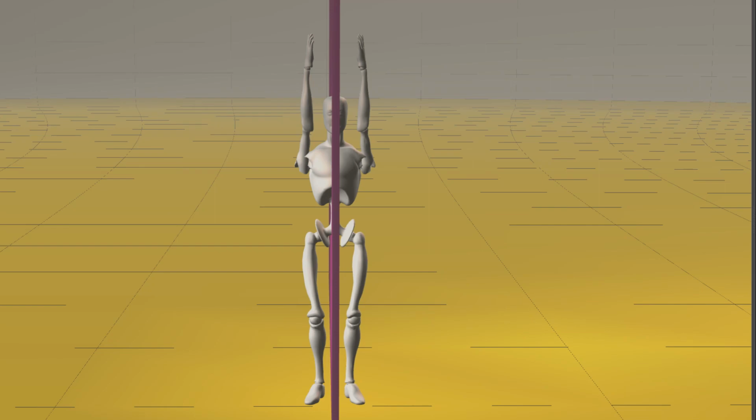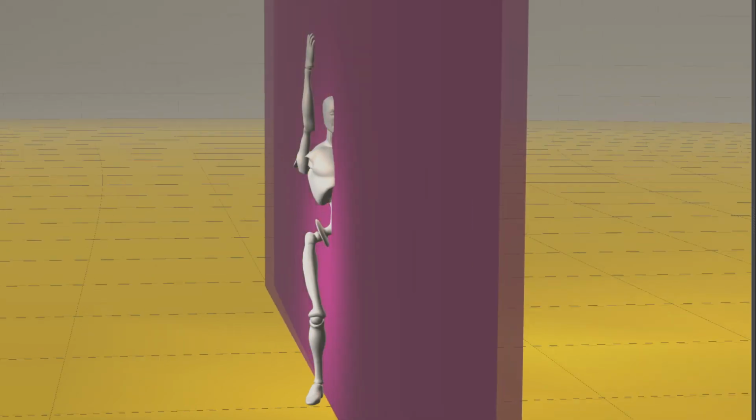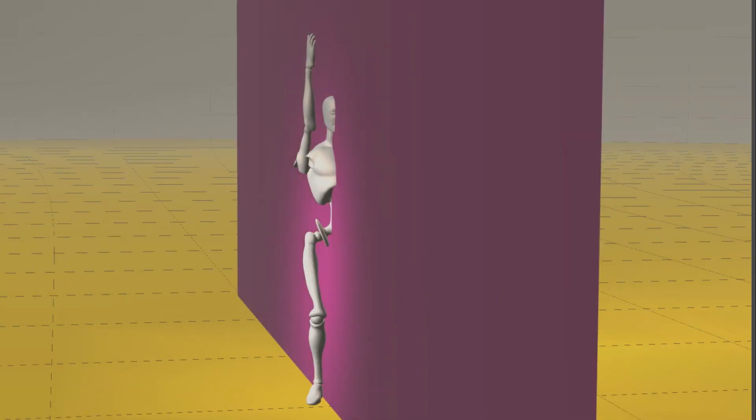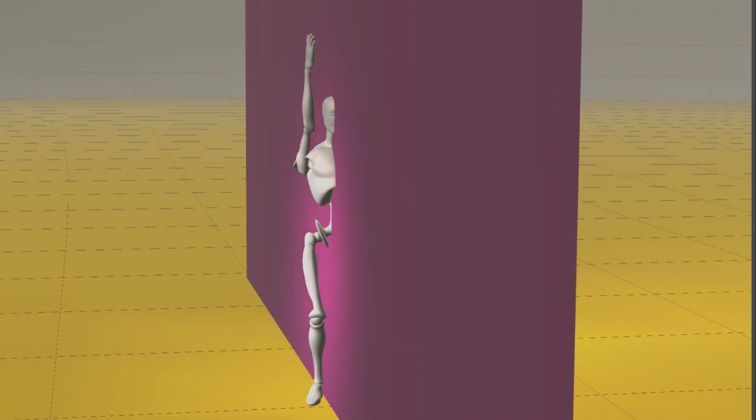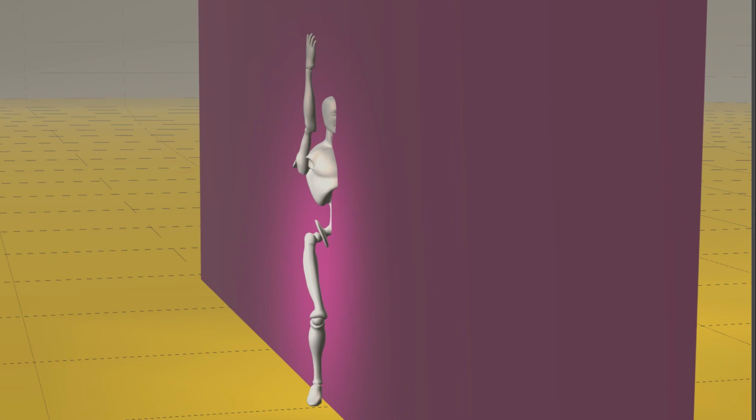So any motion that occurs along this plane is going to be a sagittal plane motion.